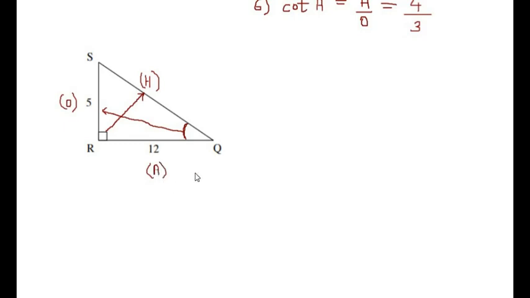Now they have asked us to find all the trigonometric ratios. But in this case, the value of the hypotenuse is not given. To find out the sides, you have to remember that we have to use the Pythagoras theorem.